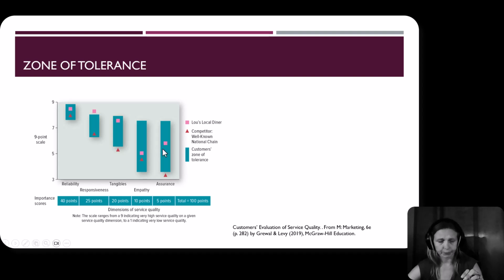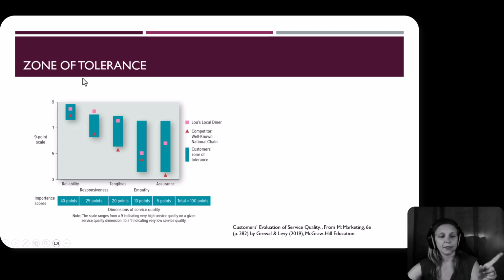But anyways, that's Lou on those things. And then the competitor falls below Lou on all of these things. So even though Lou isn't doing super good on empathy, neither is their nearest competitor. And they do a lot better than their nearest competitor on assurance, how good their food is, and also responsiveness.